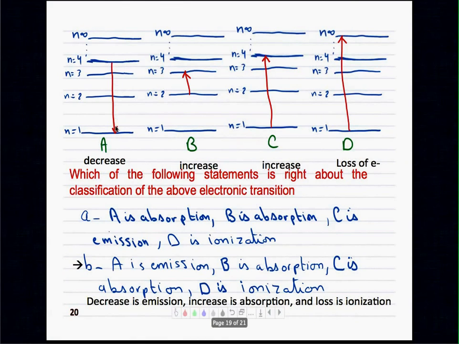It's going from the higher energy level to the lower. B is absorption, yes. So A is definitely wrong. Let's check B. A is emission, that's right. B is absorption, that's right. C is absorption, that's right, it's going from a lower to a higher energy level. And D is ionization, yes, because it's going from a lower energy level to infinity. Okay?